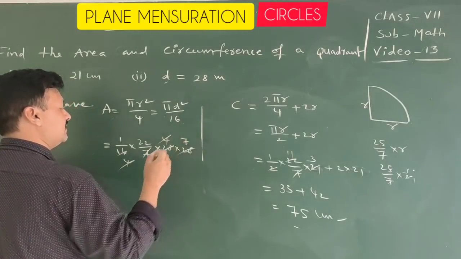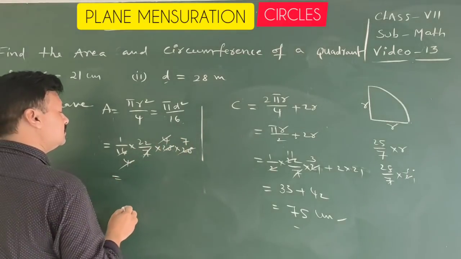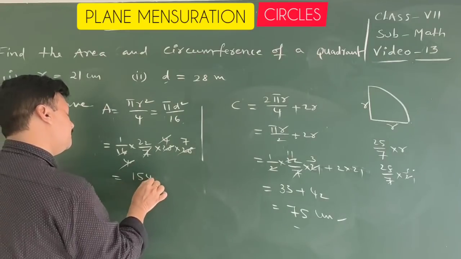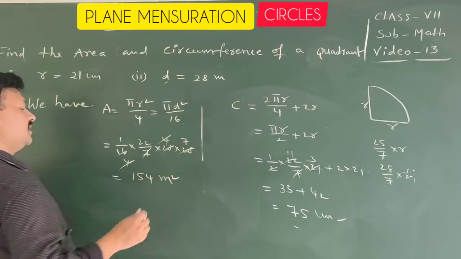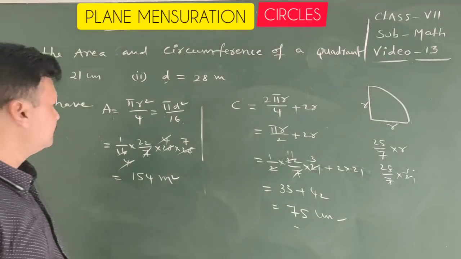Again 4 here 7 times. 22 sevens. 154 meters square is the area of the given quadrant.